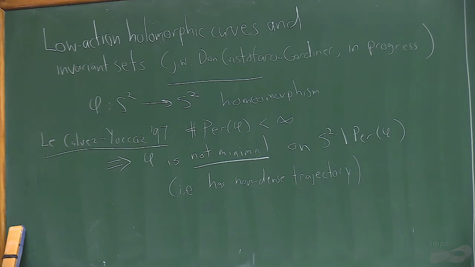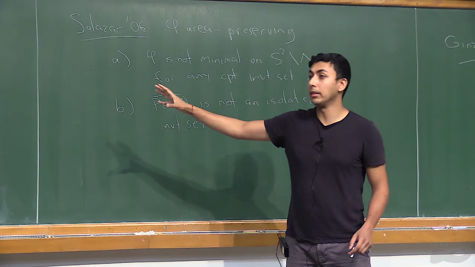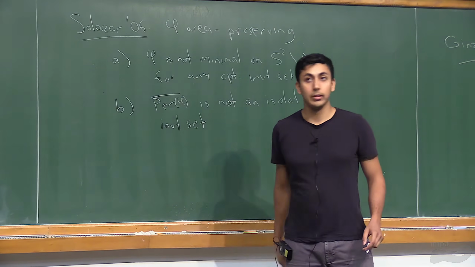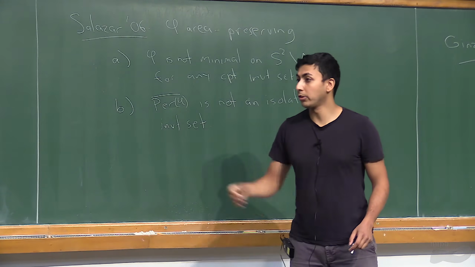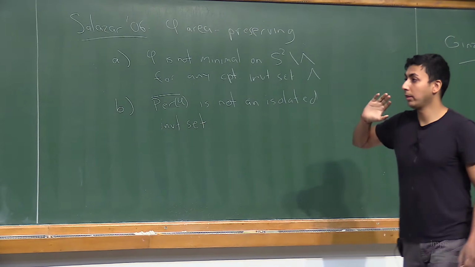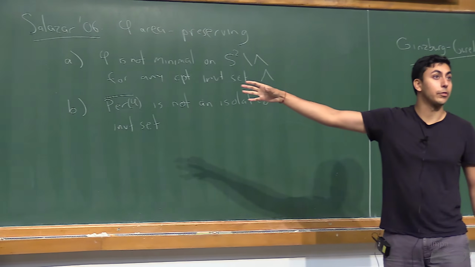And then, told from this perspective, the Franks and Salazar results are pretty similar in spirit. But instead of using the standard Lefschetz index, they use the Lefschetz index of the Conley index of the periodic points. And then they do a similar thing. They show that that is non-positive, but on the other hand, the Euler characteristic of S2 is positive.